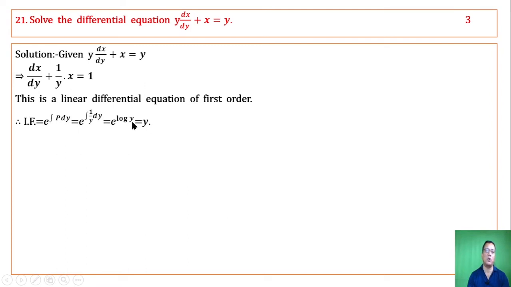E to the power log of something is something, so y. The solution is x into integrating factor equal to integral of q, that is 1 into y, whose integral is y square by 2 plus c. Then x equal to y by 2 plus c by y.